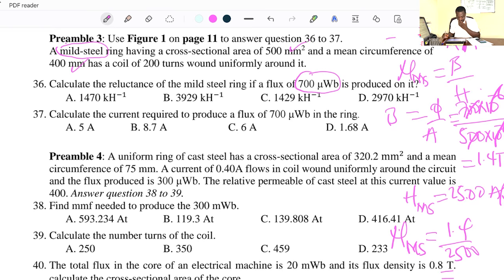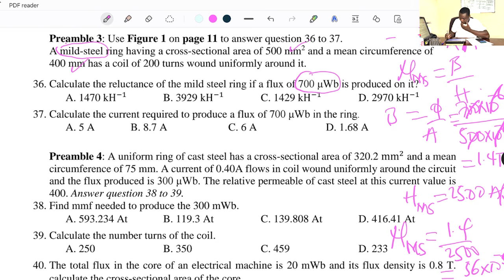So we get this answer for the magnetic absolute permeability, which is 5.6 times 10 to the power minus 5.